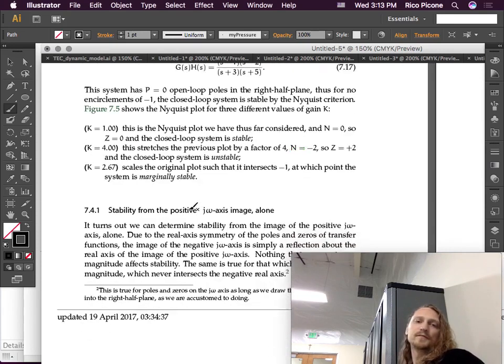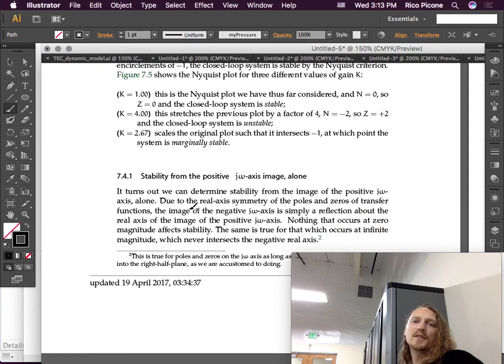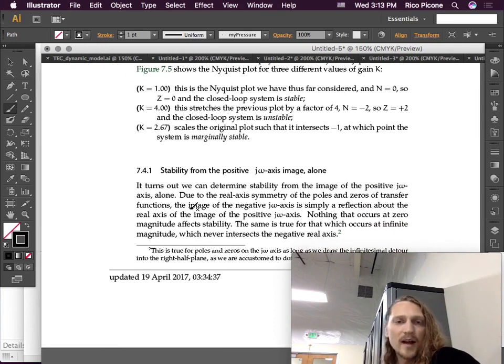So let's talk about stability from the positive j omega axis alone. It turns out we can determine stability from the image of the positive j omega axis alone due to the real axis symmetry of the poles and zeros of transfer functions. The image of the negative j omega axis is simply a reflection about the real axis of the image of the positive j omega axis, which we noticed before, right?